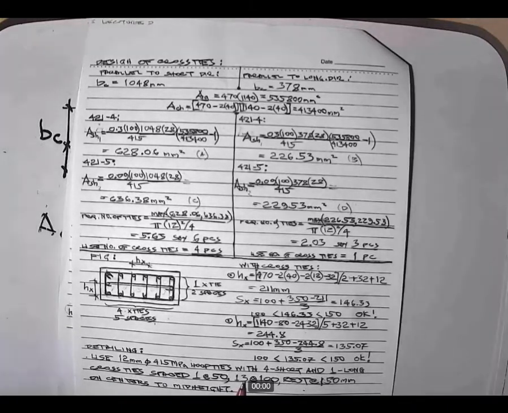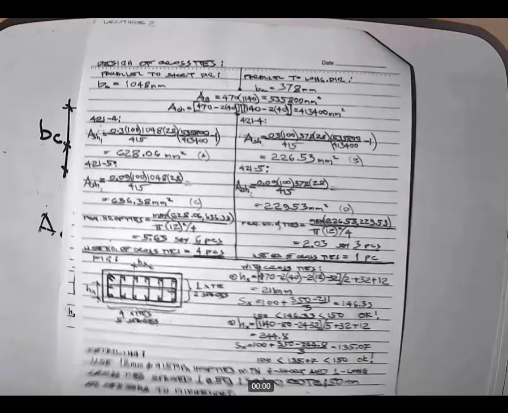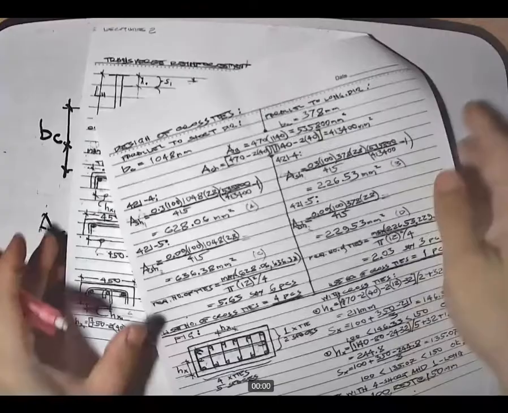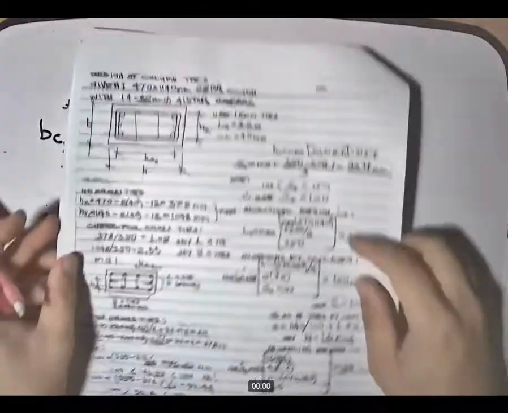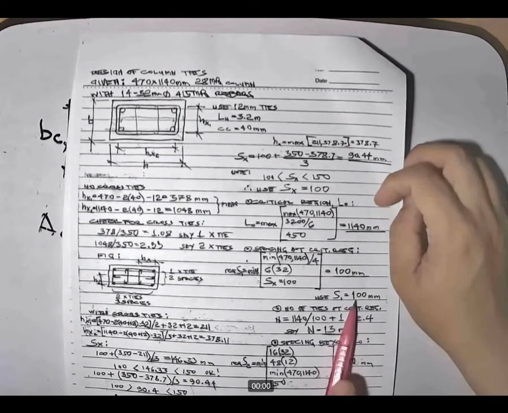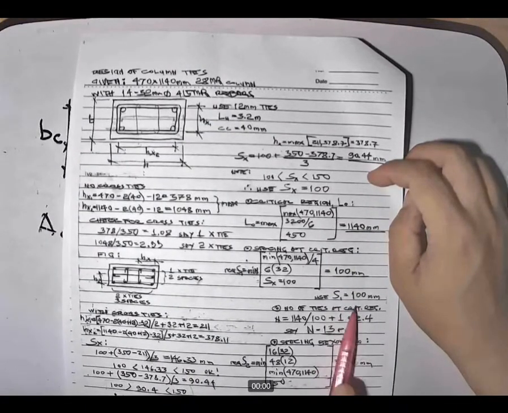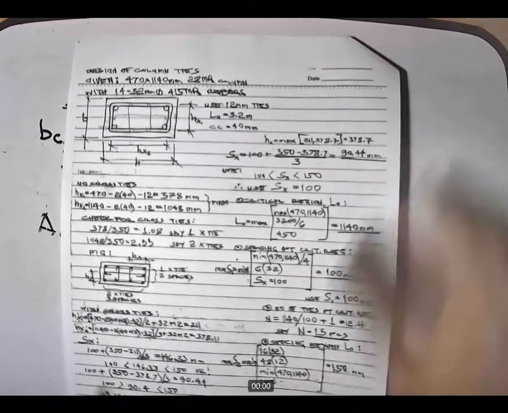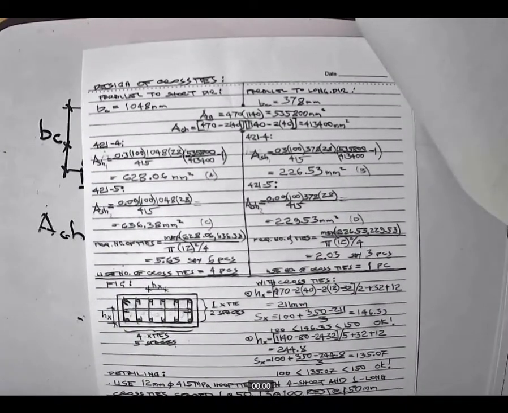Okay. 13 at 100. Yan ay nanggaling saan na galing yan? Dito. Okay? Remember na gumamit tayo ng spacing na 100. So, meron tayong 13 pieces.